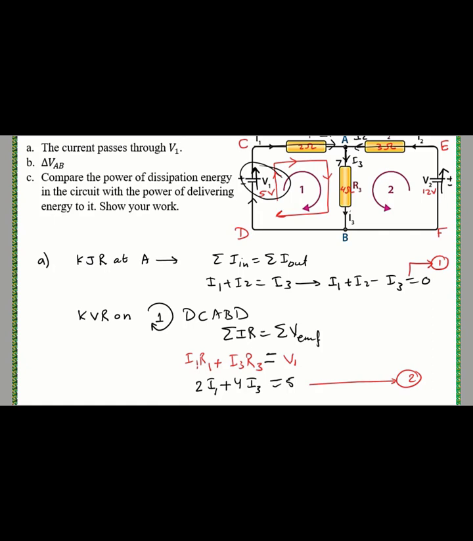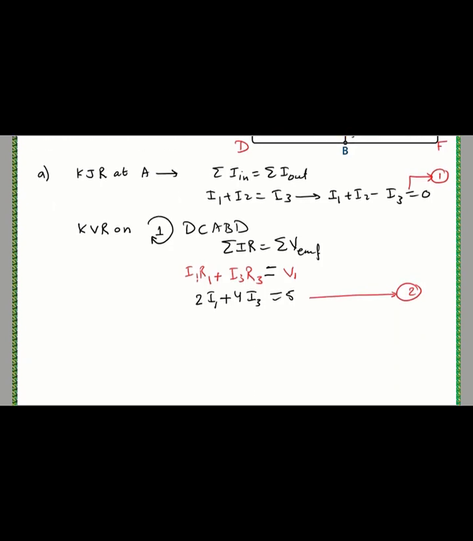For the third equation, we go to loop number 2, and the graph suggests that the direction of analyzing is counterclockwise. This is the new analyzing track, which is cycle number 2 or loop number 2.